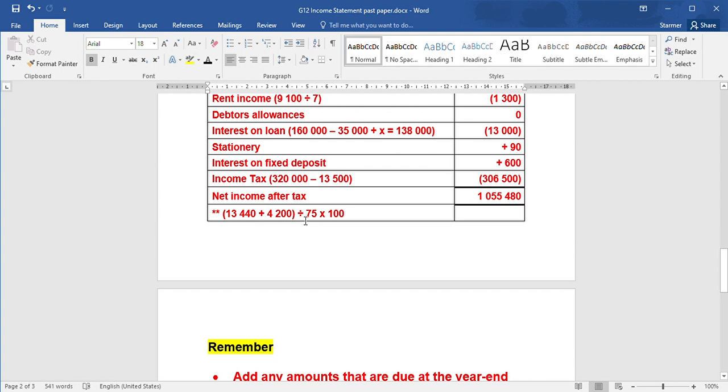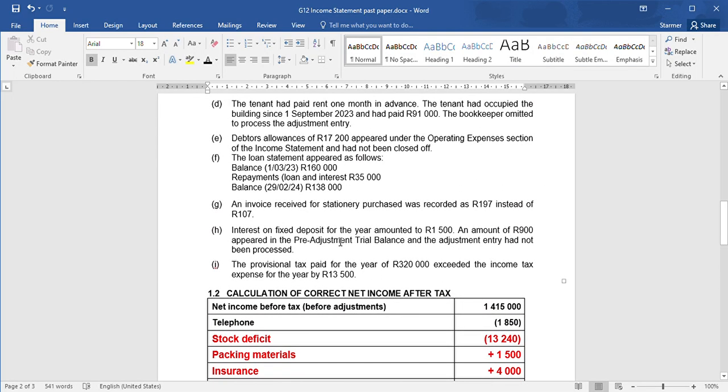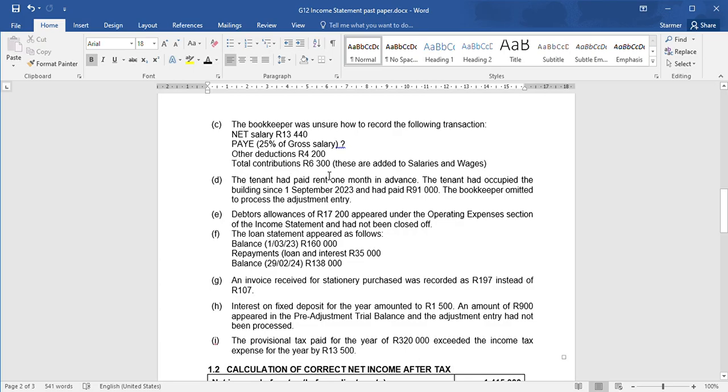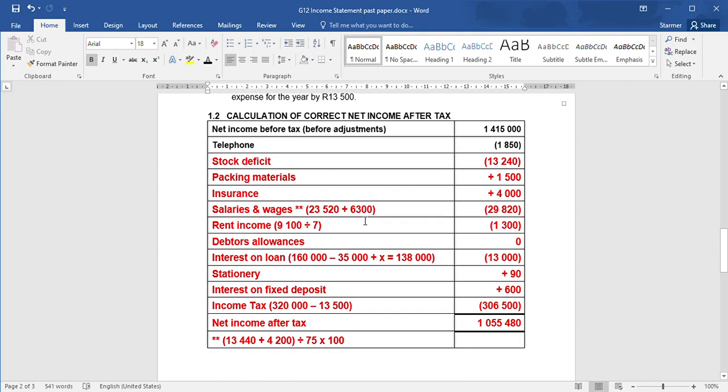That is 75%, so I divide by 75 and multiply by 100. So that's where I get the 23520 from. And then it tells you as well that there are also contributions. So those are additional expenses that the company pays. So you're going to add your contributions on here, and all that is going to decrease your profits.